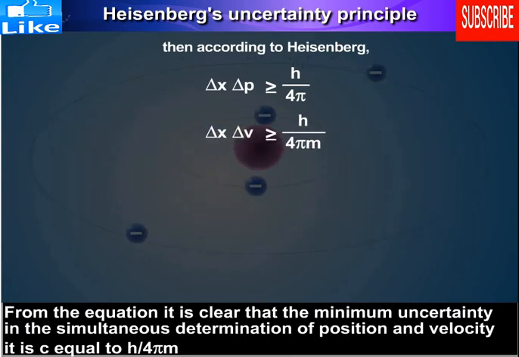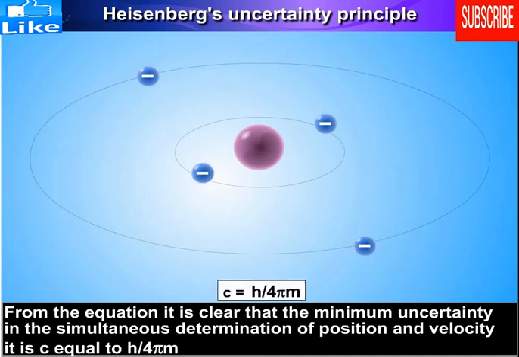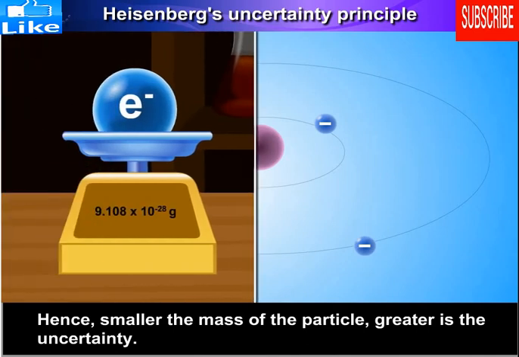From the equation, it is clear that the minimum uncertainty in the simultaneous determination of position and velocity is equal to h upon 4 pi m. Hence, the smaller the mass of the particle, the greater is the uncertainty.